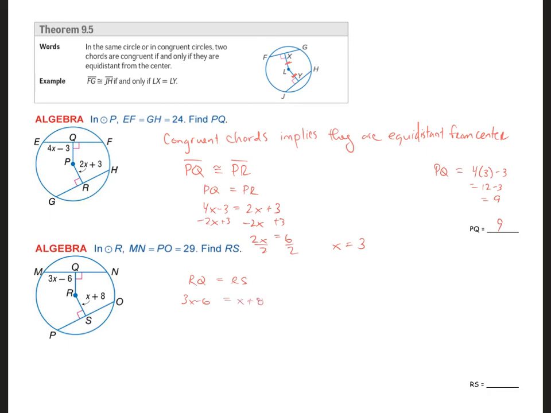I'm going to solve this in one step, basically. I'm going to subtract the x from both sides and add the 6 to both sides. So we get 2x is equal to 14. We divide both sides by 2, and we get that x is 7. So now RS is equal to 7 plus 8, which is 15 units, whatever that may be.